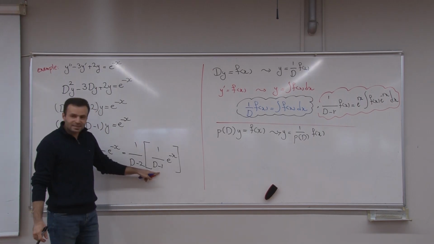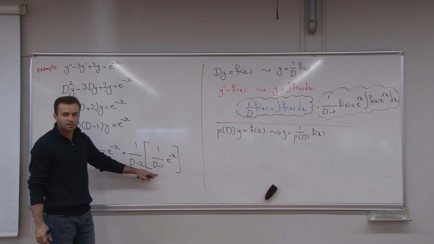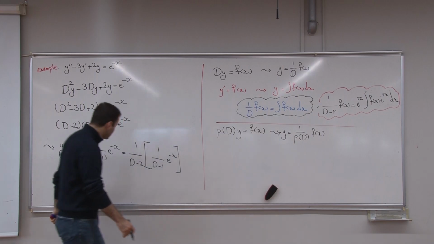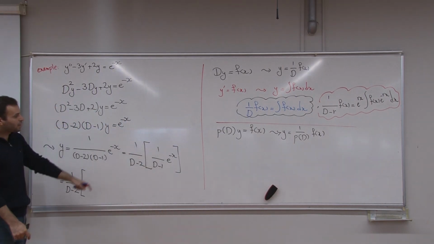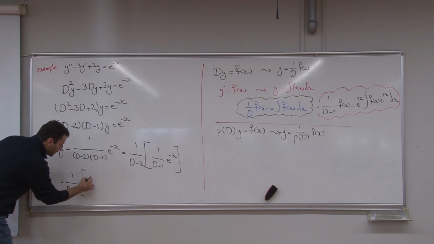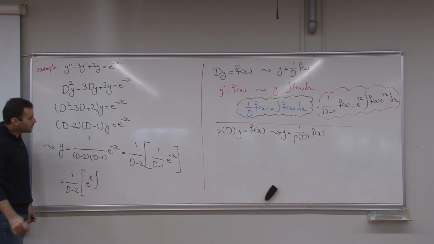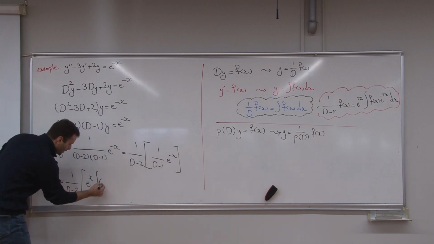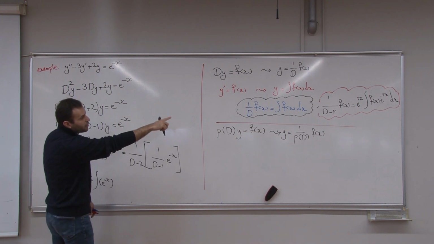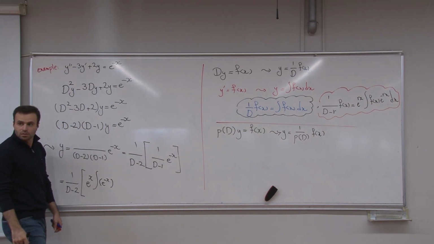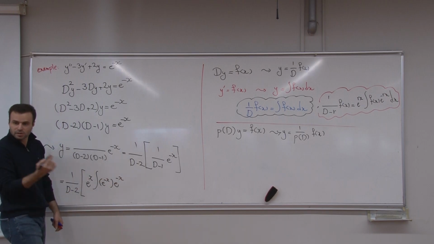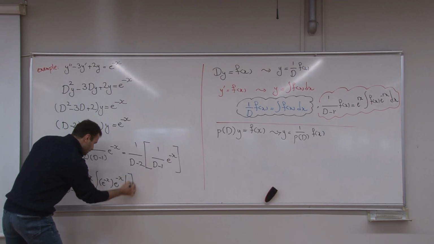What do I have? Look at the definition. How did we define this operator? As this, right? So what I'm going to write here, what is my r here? 1. So it is going to be e to the power of x times the integral of, what is my function? E to the power of minus x, times e to the power of minus rx, which is e to the power of minus x, since r is equal to 1, dx.